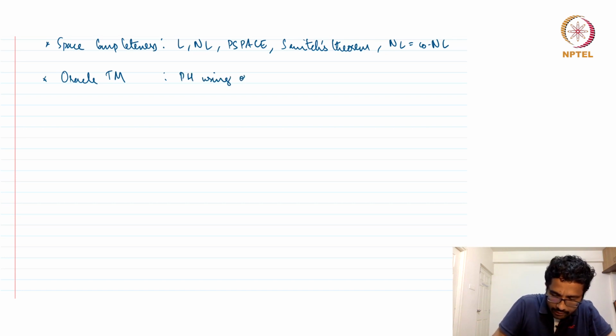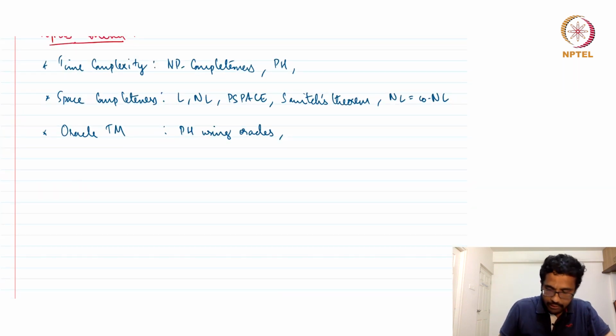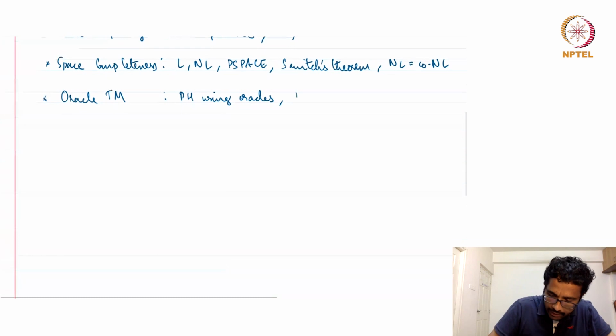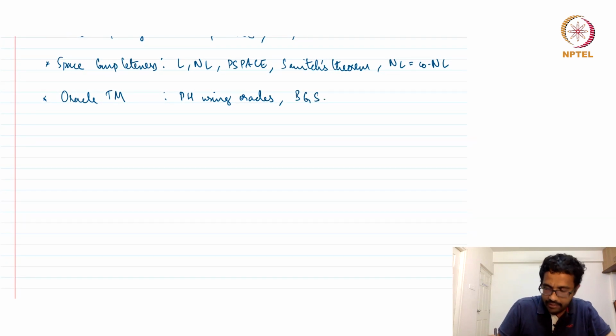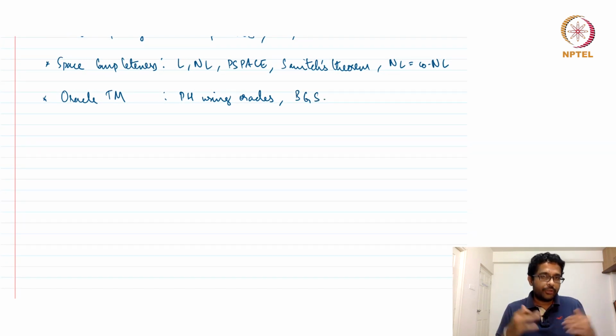In fact, I can also list that in the time complexity section; I think I already listed that. Then we saw the Baker-Gill-Solovay theorem, which used oracles to show that P versus NP cannot be settled using diagonalization. So even though the proof used oracles, the result has nothing to do with oracles.